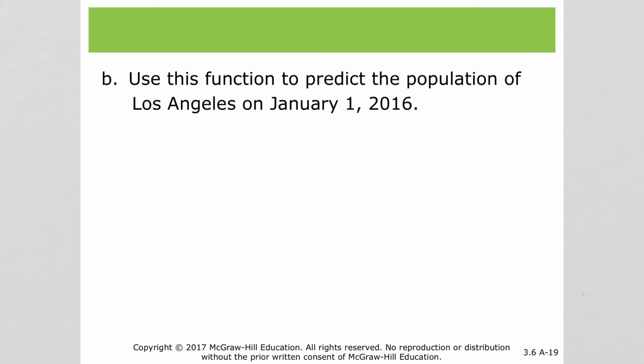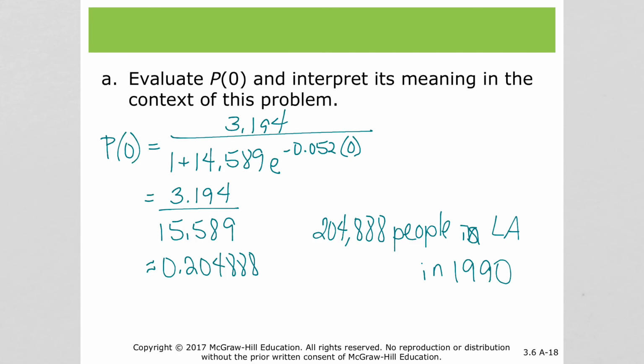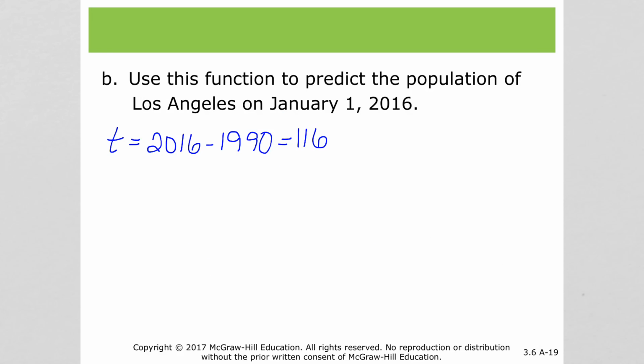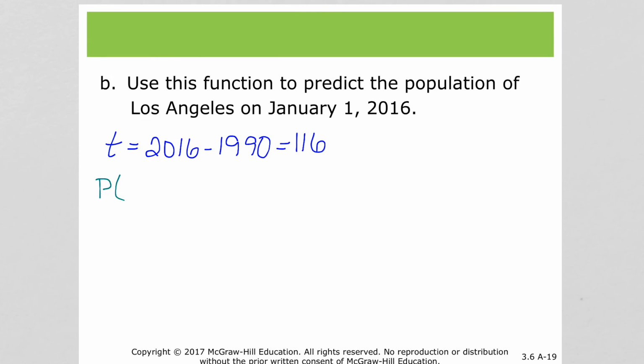On to part B. It says use this function to predict the population of Los Angeles on January 1st, 2016. So find t to start with. We started with 1900, so we're subtracting that from 2016. That's 116 years. So we're going to use our function P at 116.